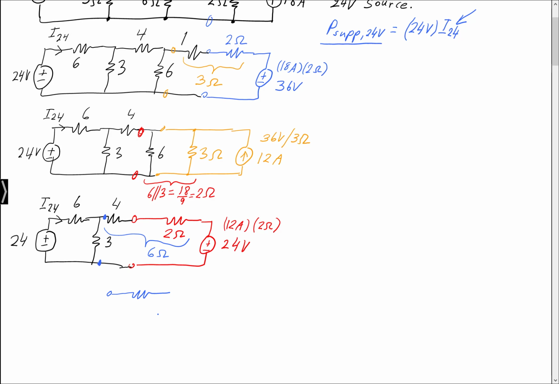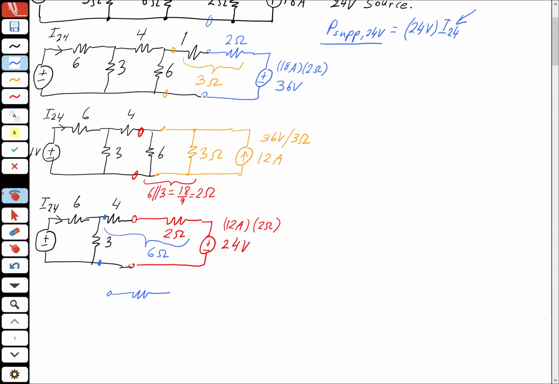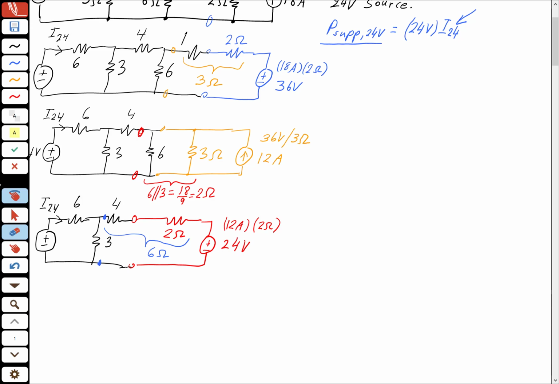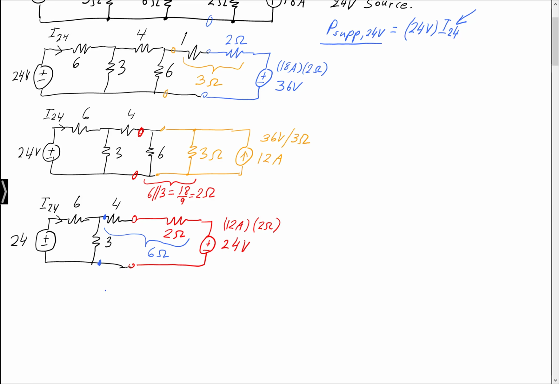Well, I made a mistake here. Hold on, I'm going to draw a parallel. It's not a series. Let me simplify. Simply erase this. Okay. Hang on with me. Okay, so I have these circles, and I'm going to replace it by a parallel equivalent.